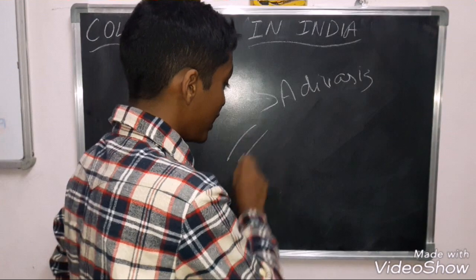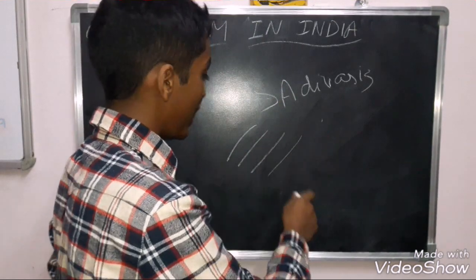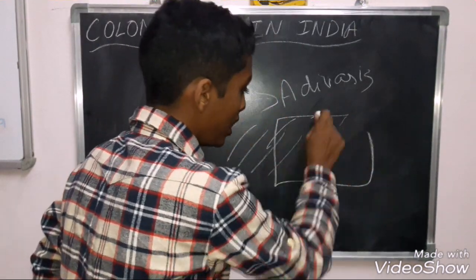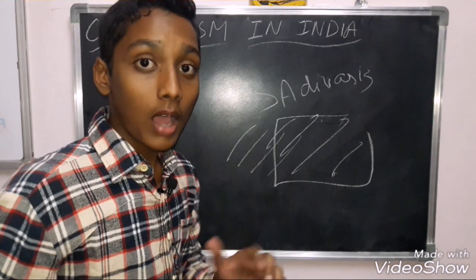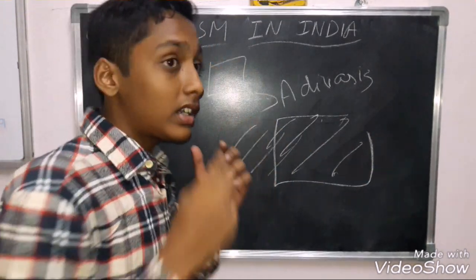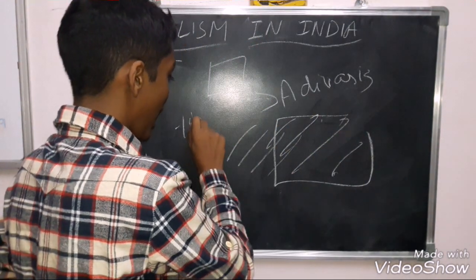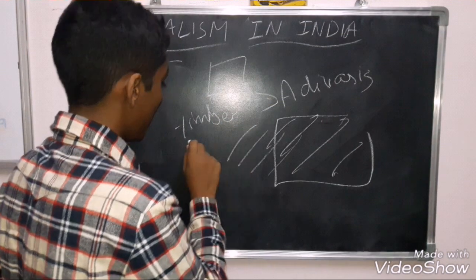They would get a lot of profit from the forest. They deforested a big area of green cover because they wanted profit. They cut a high percentage of the forest land and cultivated the trees which were profitable to them, for example timber and rubber.